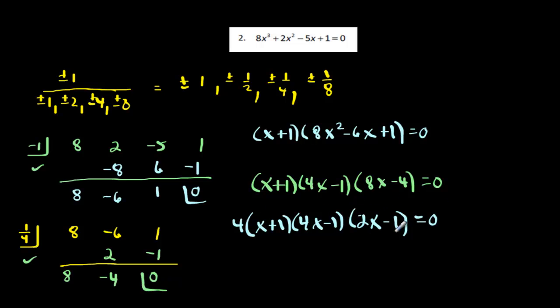We don't have to check that last one. We know it's going to be 0.5 because this is a zero of 0.5. So the ones that work were negative 1, 1/4, and 1/2. And those are your 3 zeros.